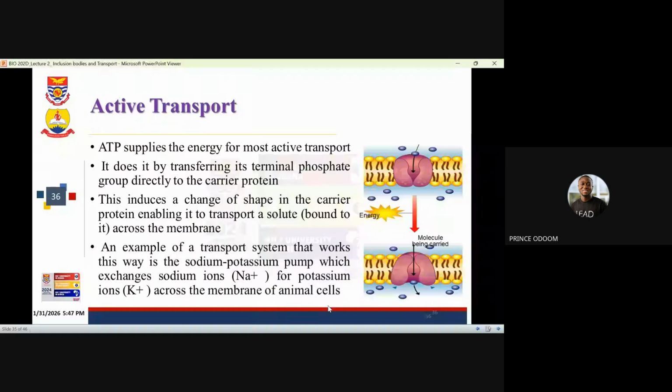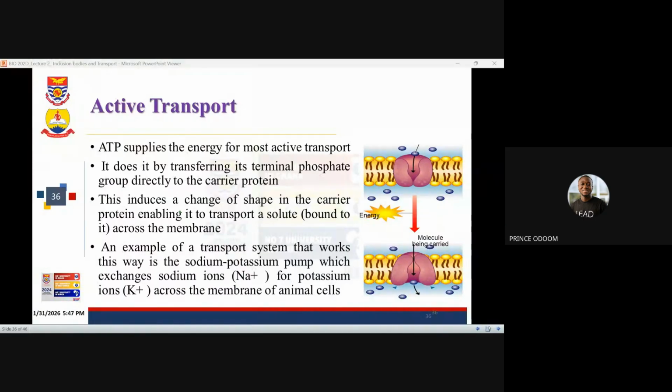Once they get the carrier proteins, they are able to enter. So let's look at the mechanism. ATP supplies the energy for most active transport. It does so by transferring its terminal phosphate group directly to the carrier protein. So you realize that ATP is what? Adenosine triphosphate. In order to release energy, it has to get rid of its terminal phosphate. I believe you've done this in basic genetics and cytology.